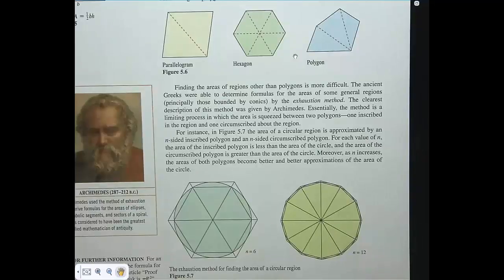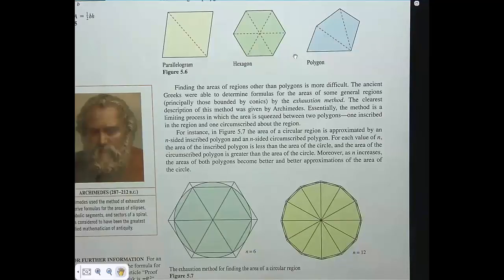And Archimedes said, I don't know how to find the area of a circle, but I know how to find the area of a triangle. What if I divide a circle up into a bunch of triangles? Well, not exactly, but kind of, sort of. This is dividing a circle up into 1, 2, 3, 4, 5, 6 triangles.